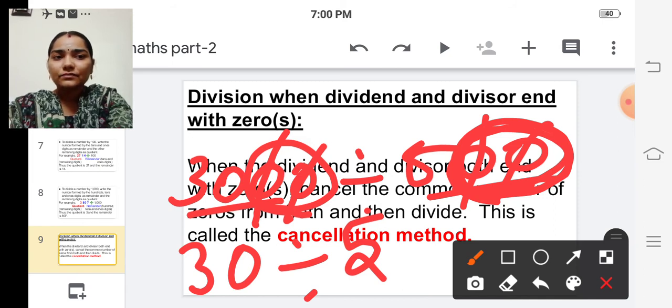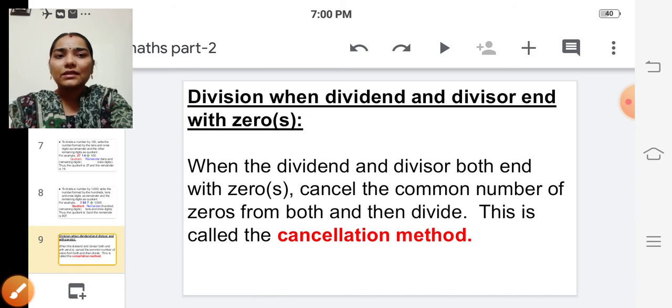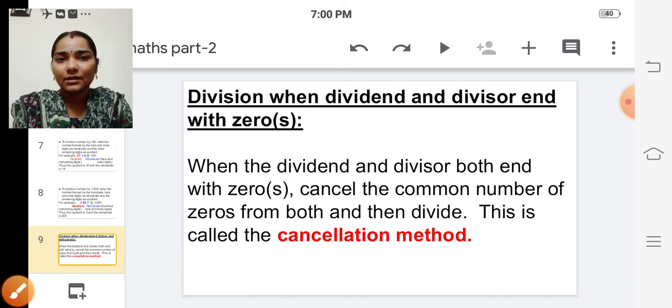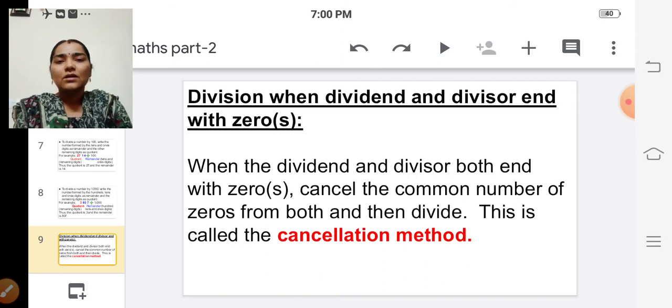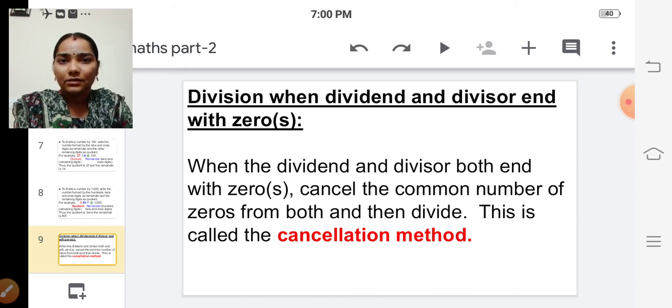Okay, children? This method is called the cancellation method. So instead of dividing 3000 by 500, we can cancel the common number of zeros and divide 30 by 5. It is very easy, isn't it? To make the division simple, we use this cancellation method.